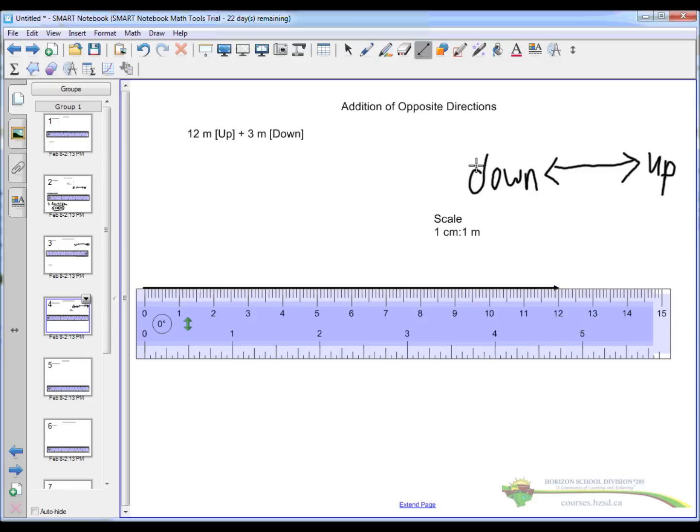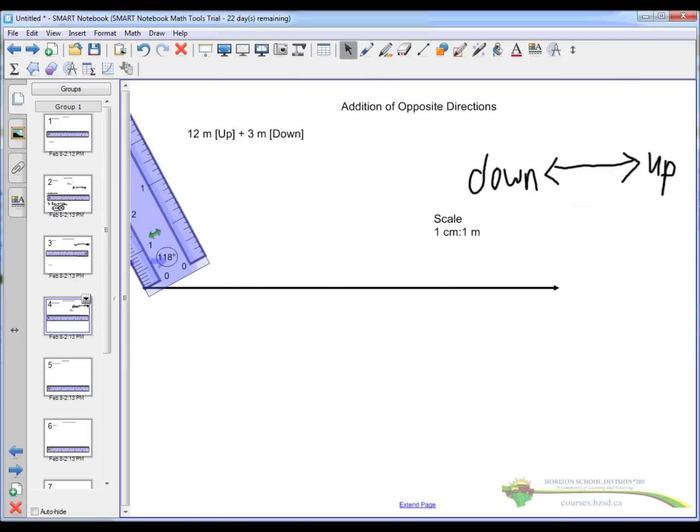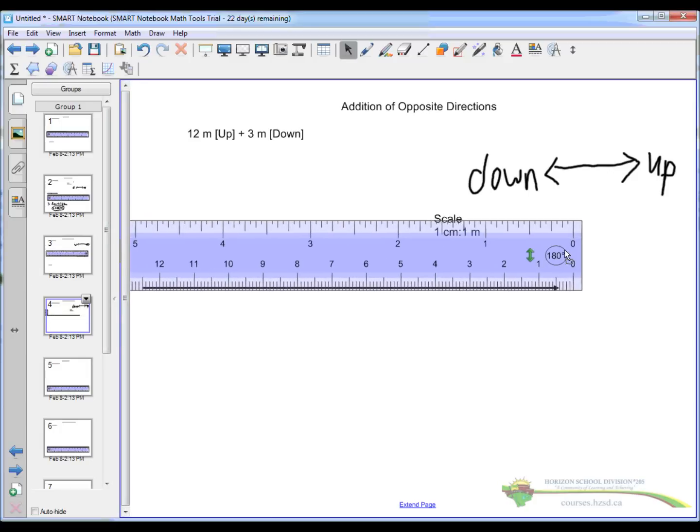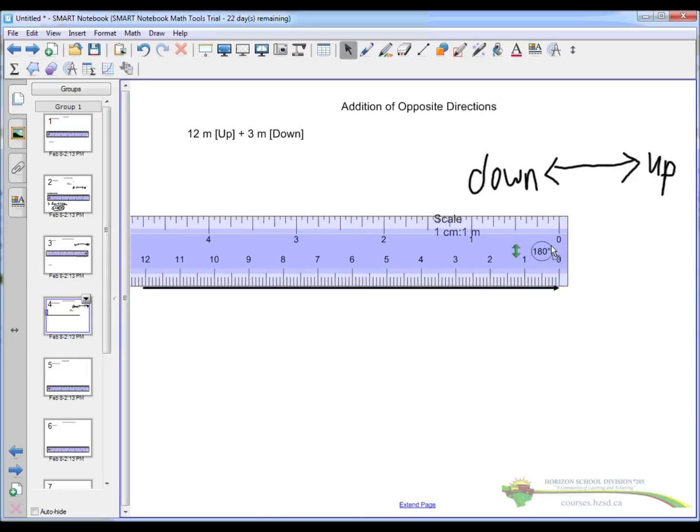There you go. Plus 3 meters in the down direction. Turn my ruler around here. And I draw a line 3 meters or 3 centimeters in the down direction.